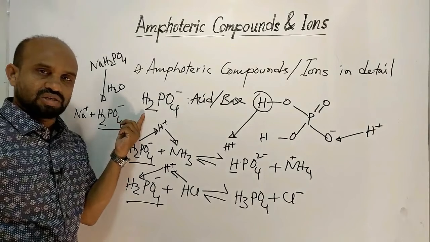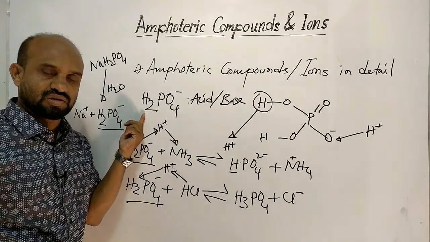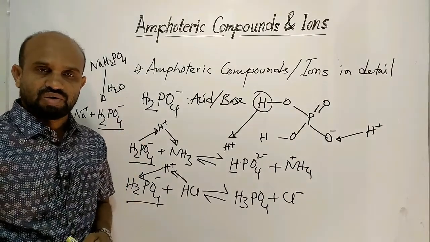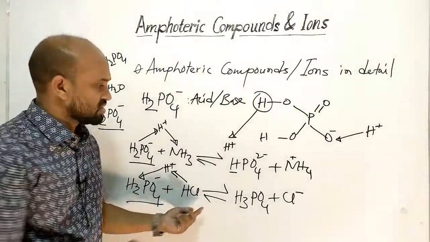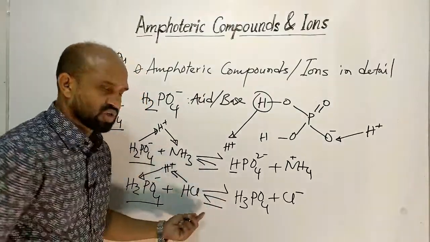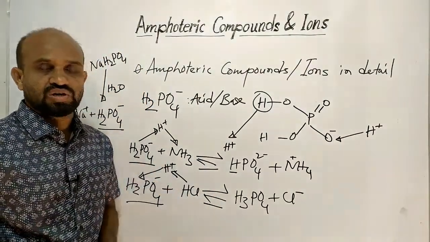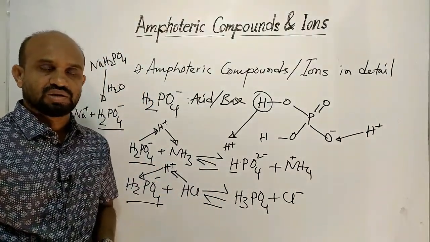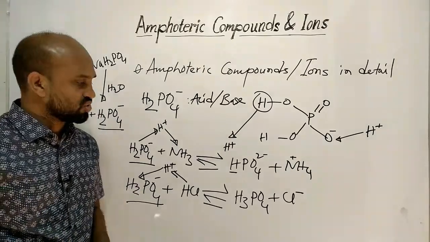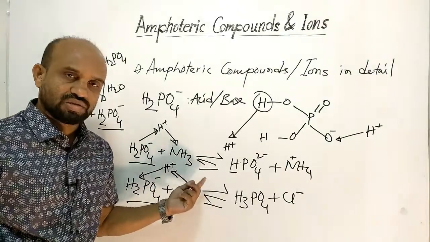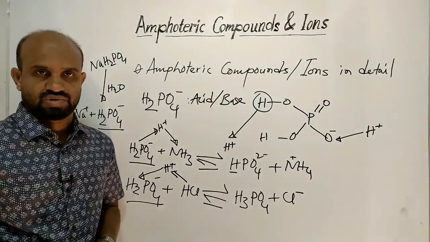Now we can say that dihydrogen phosphate ion is a kind of amphoteric ion. In these cases, the equilibrium sign is used because amphoteric compounds or ions are weak as acids and bases. That is why in each case, the equilibrium sign is used.